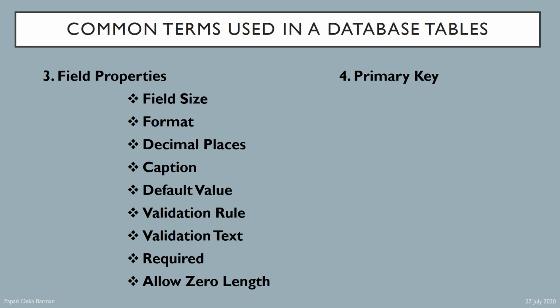Number 4 is primary key. This is very important because with the help of the primary key only we make relationships between different tables, or we can join the tables. So a primary key is a unique key that identifies a record uniquely.